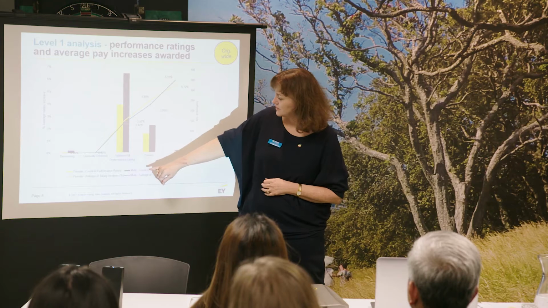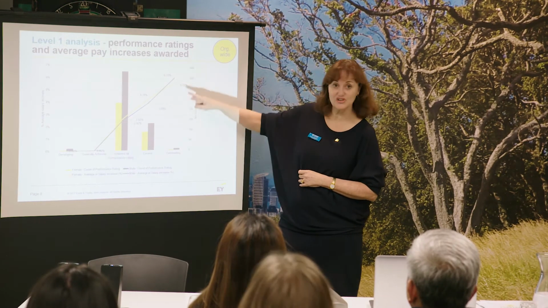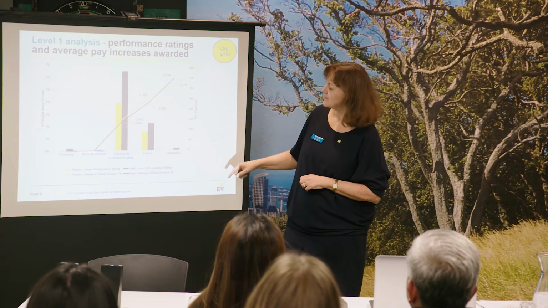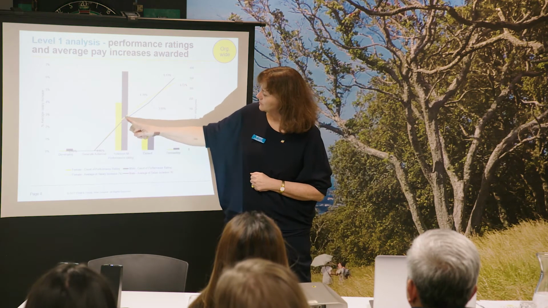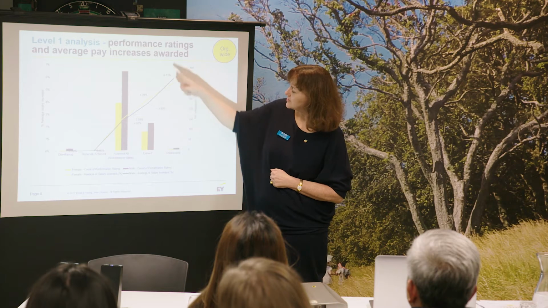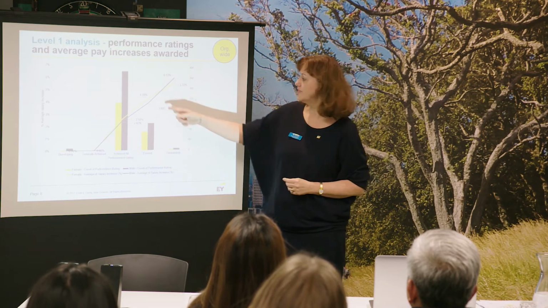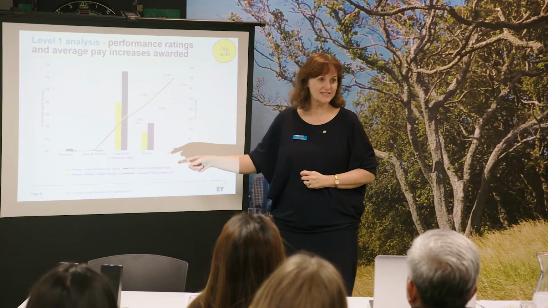Males were actually being rated higher, generally, than females. But even when we looked at how they were receiving pay increases, we start to see the line pull apart, even though they may have been rated at a similar level.